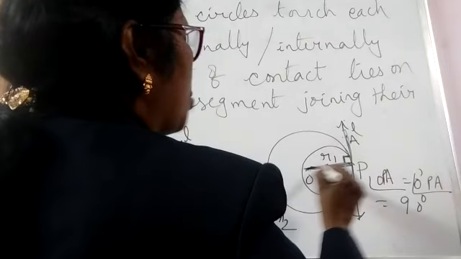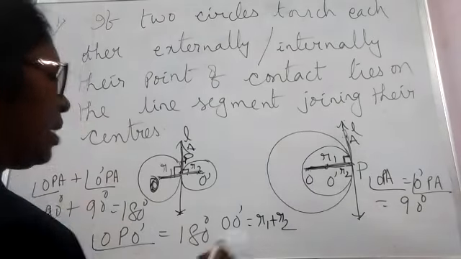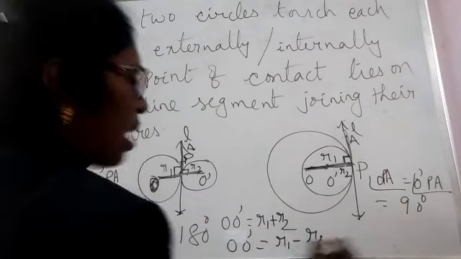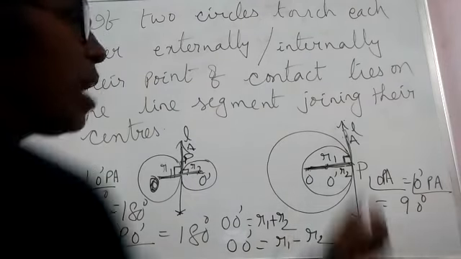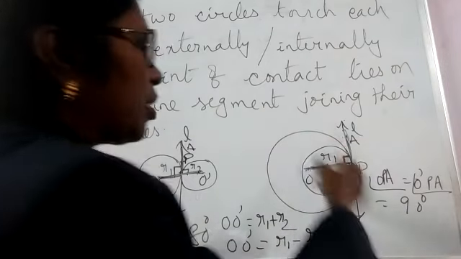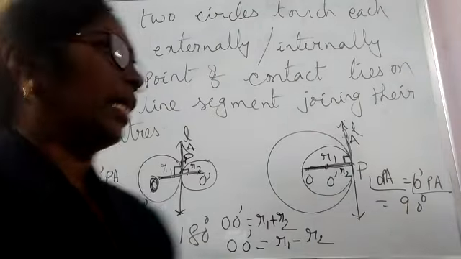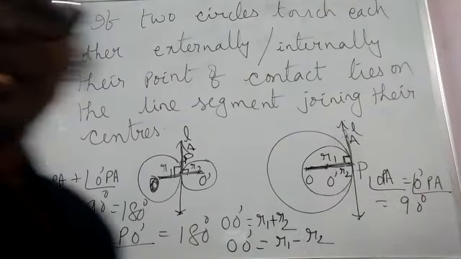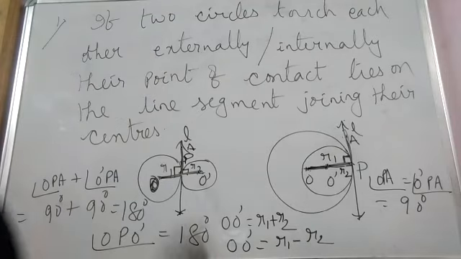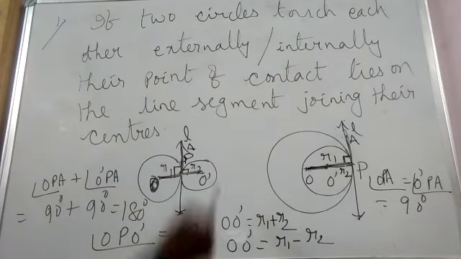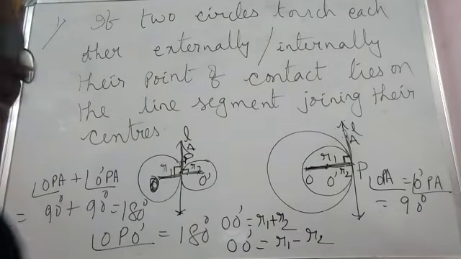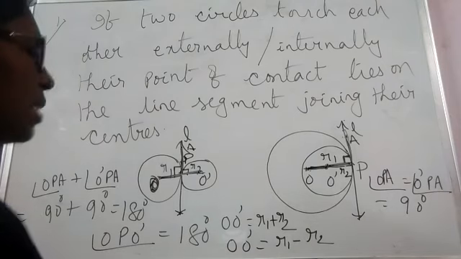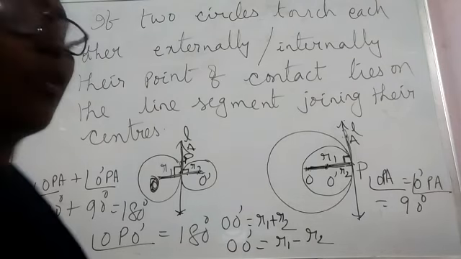And here the distance between the two centers OO dash is R1 minus R2. That means when two circles touch each other internally, the distance between their centers is the difference of their radii. Whereas when two circles touch each other externally, the distance between their centers is the sum of the radii of the circles.